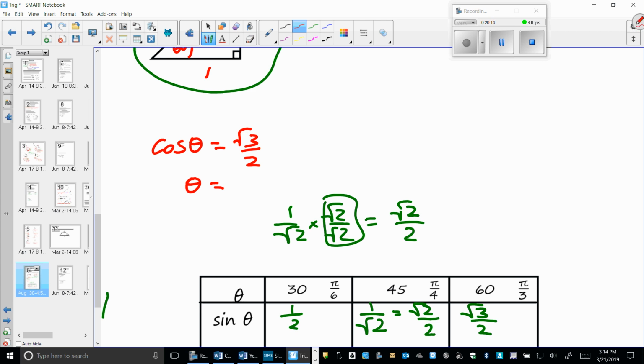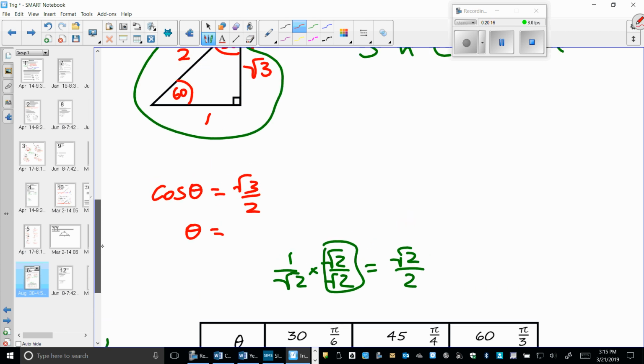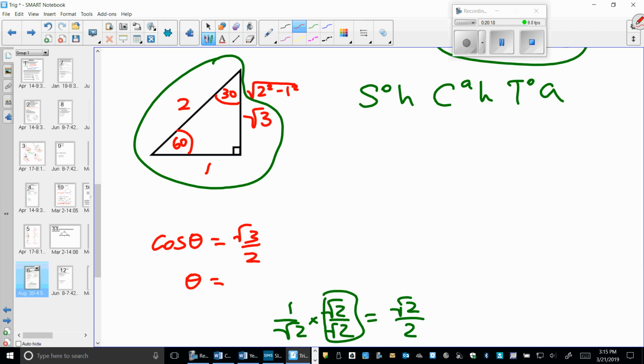So you need to be able to still use those two triangles to get your correct angle. You need to establish which length needs to be the adjacent and which one has to be the hypotenuse. So for my adjacent to be root 3 and my hypotenuse to be 2, my angle has to be 30. Does that make sense?